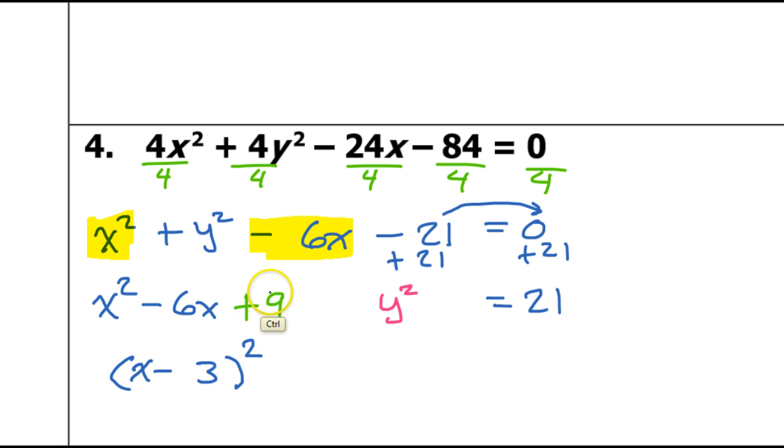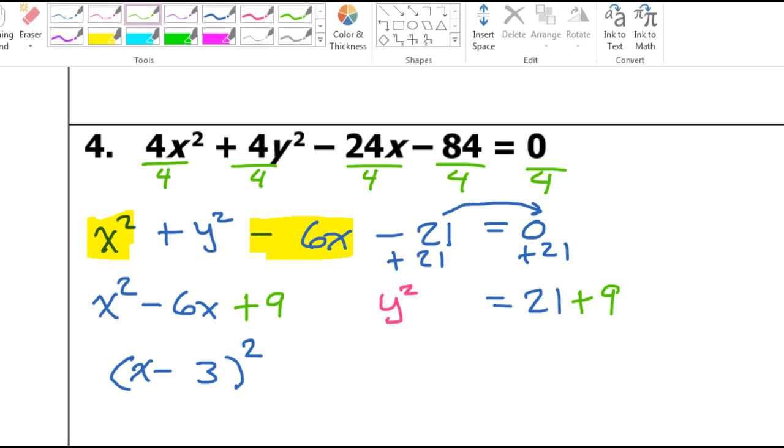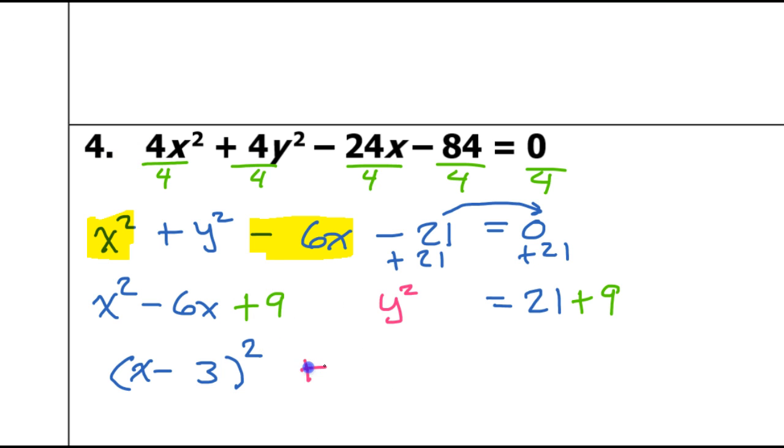The biggest mistake is just to go on with the problem and not do anything to the right-hand side. When I complete the square, I must add the missing number to both sides of the equation to keep the balance. So as soon as I put the plus 9 here, I must immediately put the plus 9 there. Okay, so this trinomial is equivalent to x minus 3 squared. Now I can bring down the y squared.